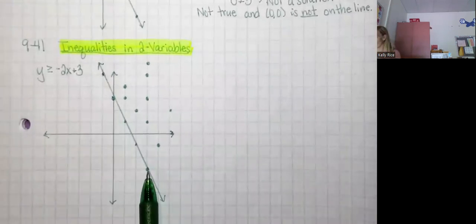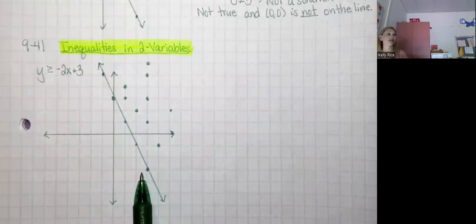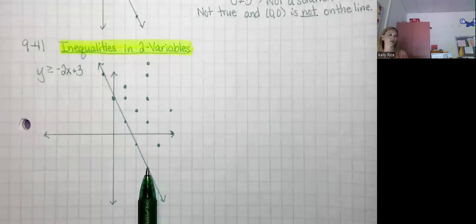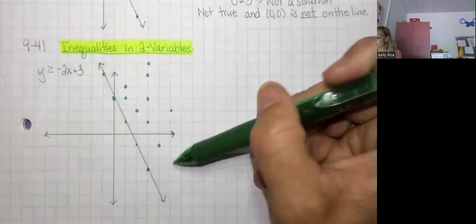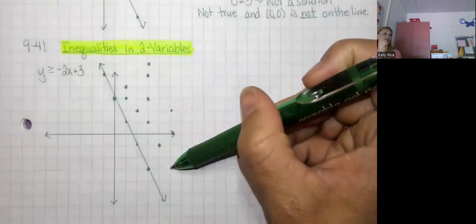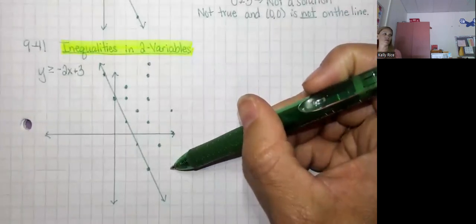The point 3, negative 3 was true. Points on the line, do you think they're true or false? Yes, they're true. What about this point right here? If I tested this point, do you think it would be true? I mean, not, because it's not on the line.